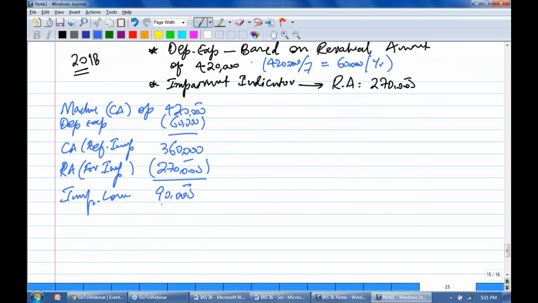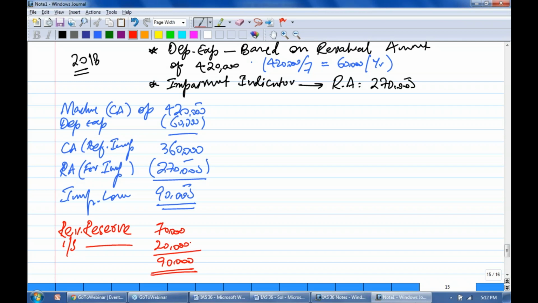So the impairment loss is allocated first to the revaluation reserve, that is 70,000, and to the income statement, 20,000. That's 90,000.